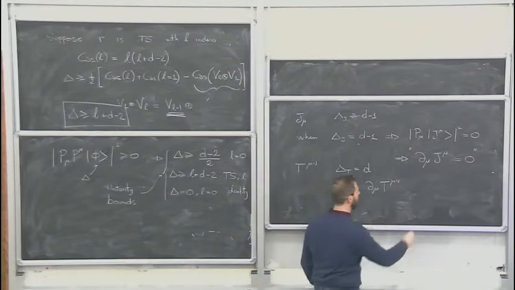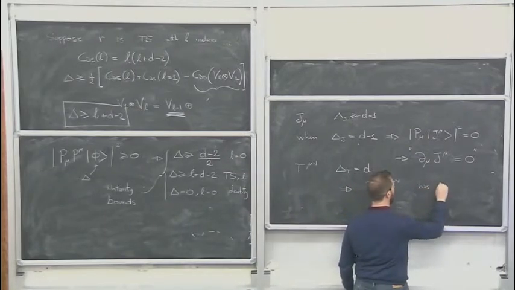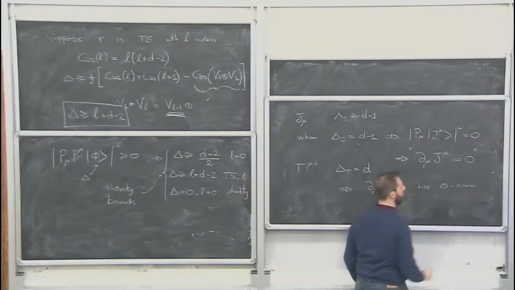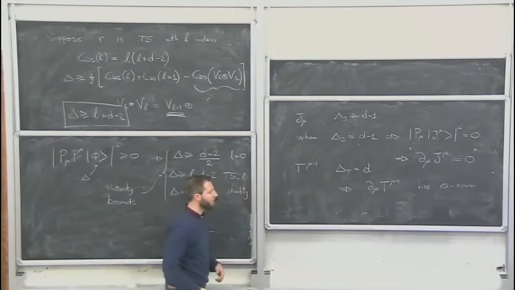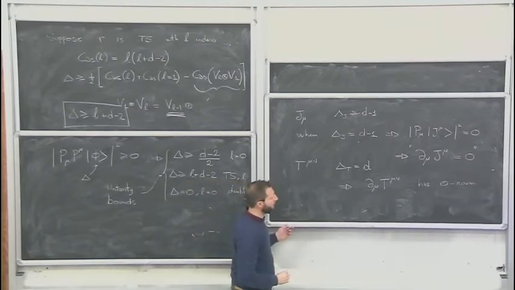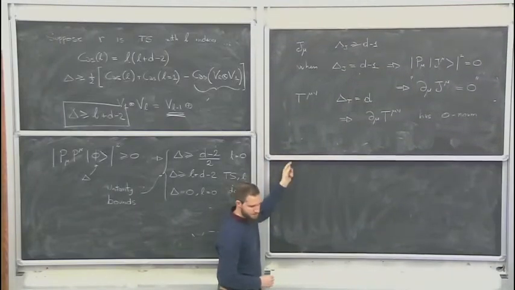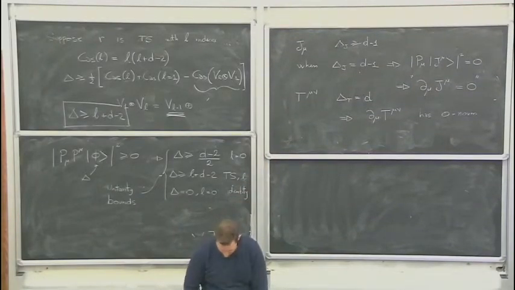This has zero norm. So again, the operator is conserved. Any questions about this? No questions.